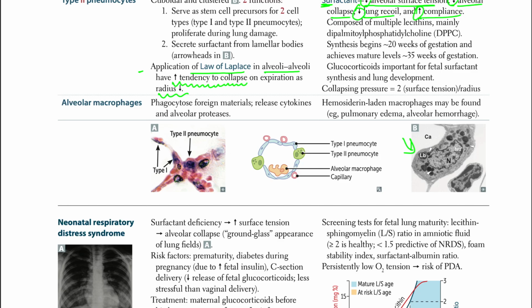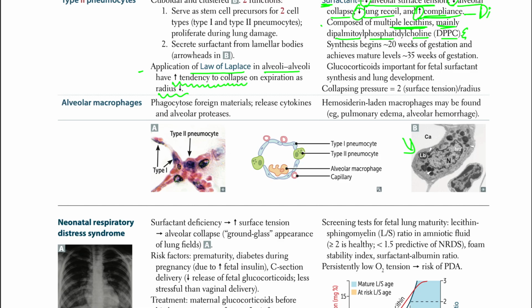What is compliance? In simple words, compliance is distensibility. How distended can you be? How much capacity your lung has to distend itself. That is your compliance. So surfactant is increasing the compliance. It is composed of multiple lecithins, mainly dipalmitoyl phosphatidylcholine, DPPC.